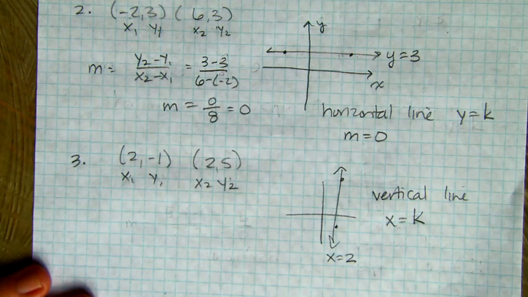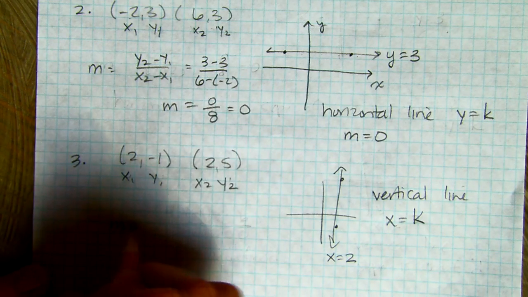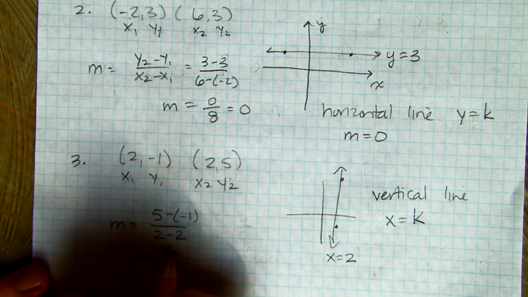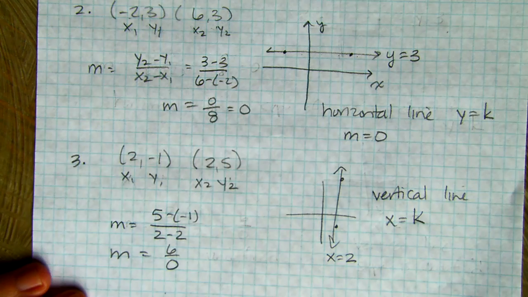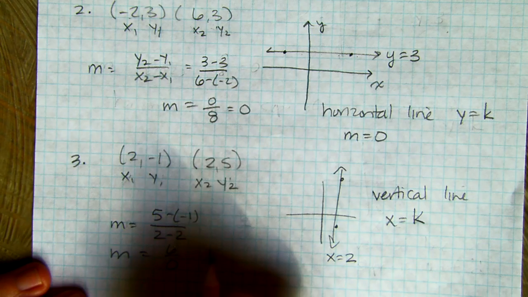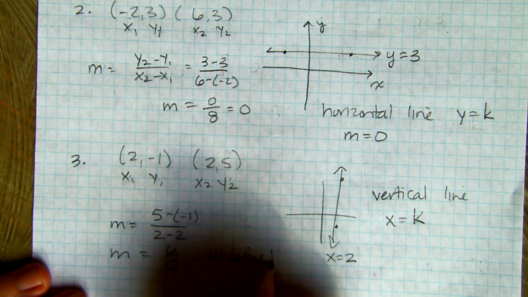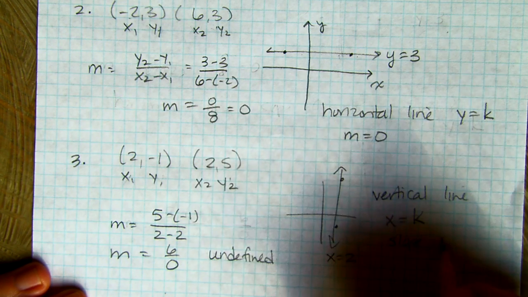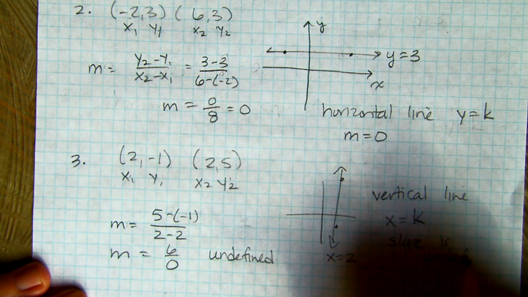In this case, x equals 2. What's the slope going to be? 5 minus a -1 over 2 minus 2, and we can't divide by 0. We say that is undefined. So a vertical line has x equals some constant, slope is undefined.